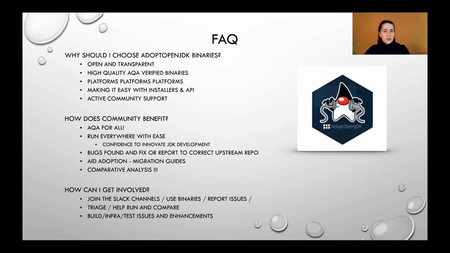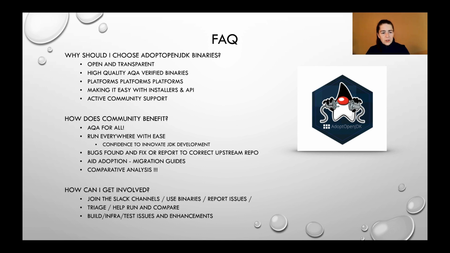This is a really long slide. You can read through all of these wonderful points, but I think the main thing I want to highlight here is, what is the community benefit? I think that AdoptOpenJDK and soon to be Eclipse Adoptium really has something to offer, which is we are a multi-company community.